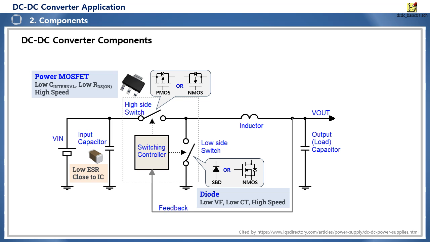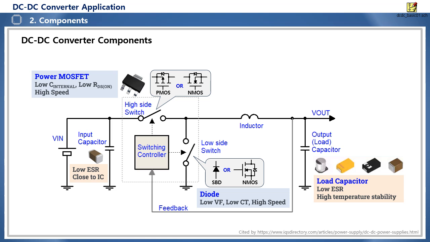0.1 microfarad is applied for bypass and 10 microfarad or more is applied for decoupling. For effective bypass and decoupling, it should be placed as close to the IC as possible, and MLCC is generally used. Smoothing load capacitors can be applied to aluminum, tantalum, and ceramic types.